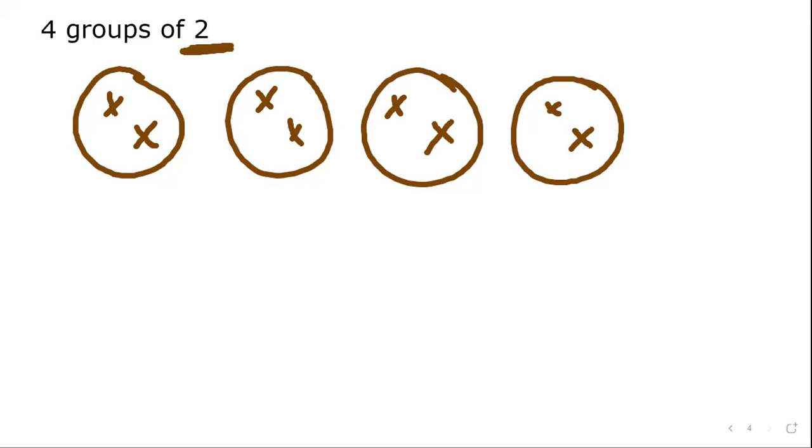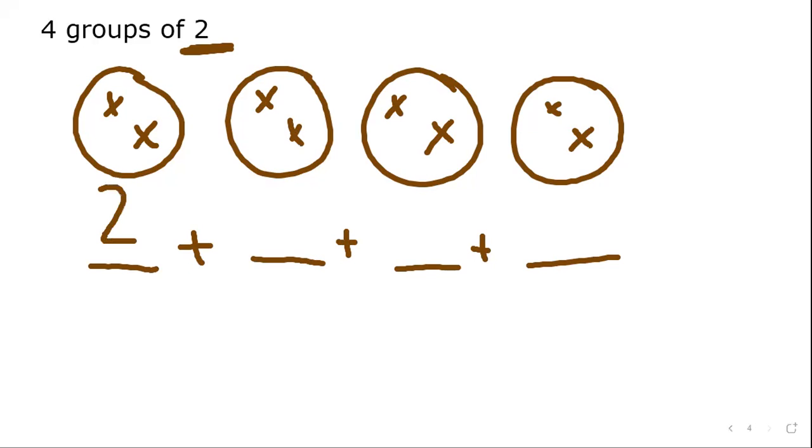Do I have 4 groups? And did I put 2 in each group? Yes. Okay. So now I can write my repeated addition equation to match this picture. I have 4 groups, 1, 2, 3, and 4. What am I adding? 2 in the first group, 2 in the next group, 2 in the next group, and 2 in the next group.